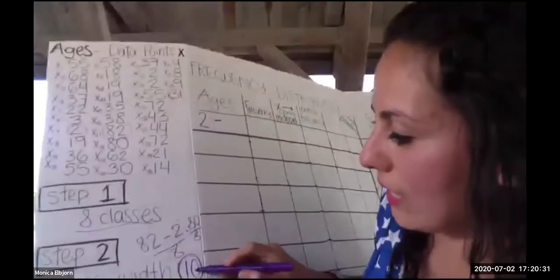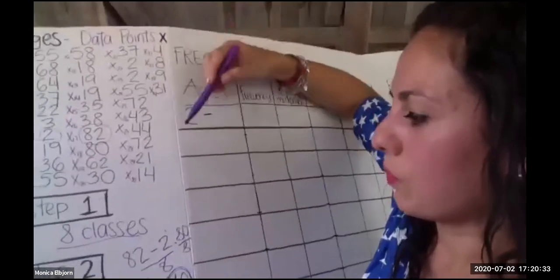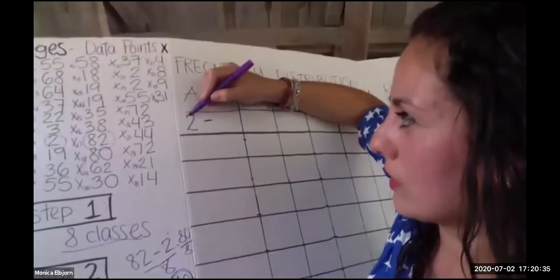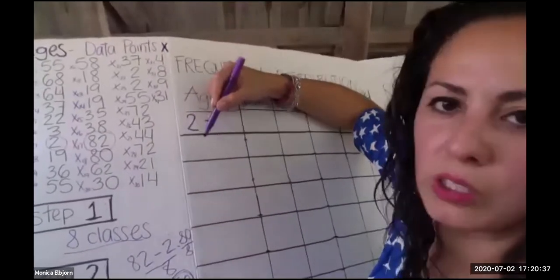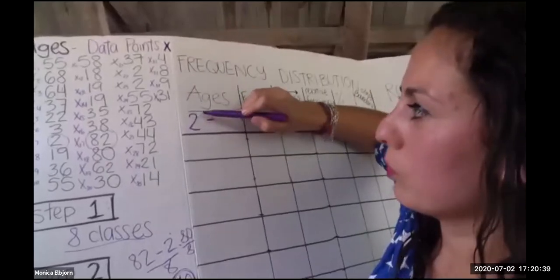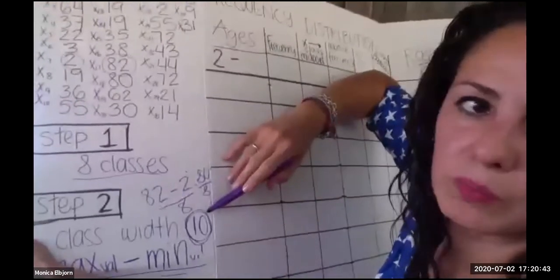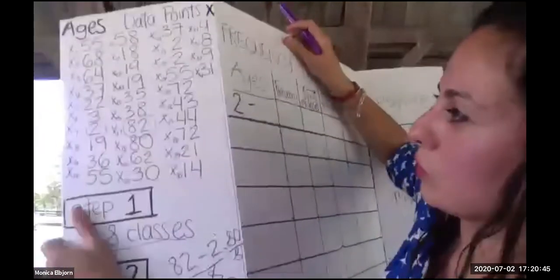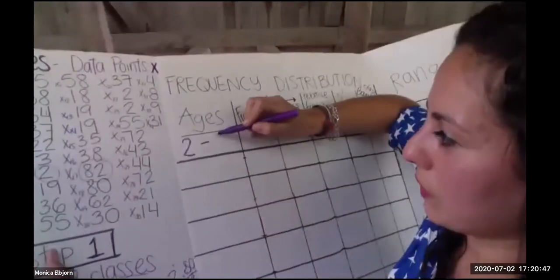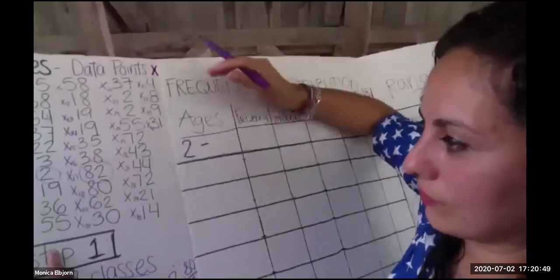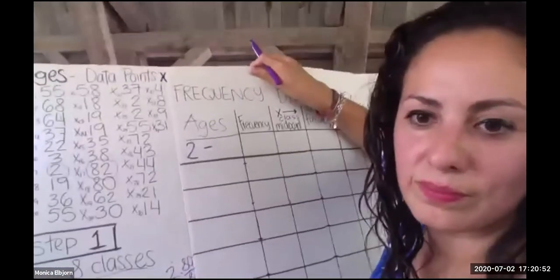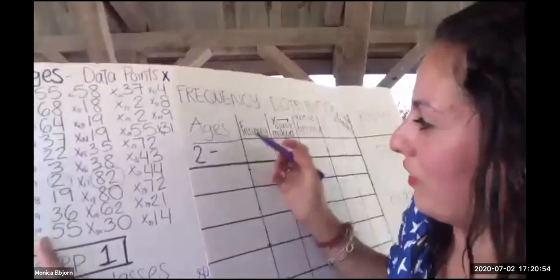So our 10, the 10 will be 2 plus 10, so 2 plus 10 will be 12. Where should I put the 12? Over here or down here? For the next class, very good.